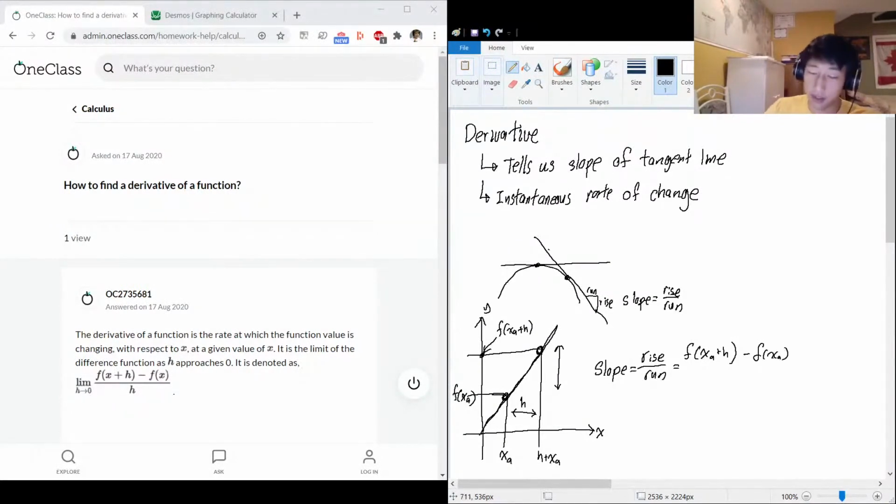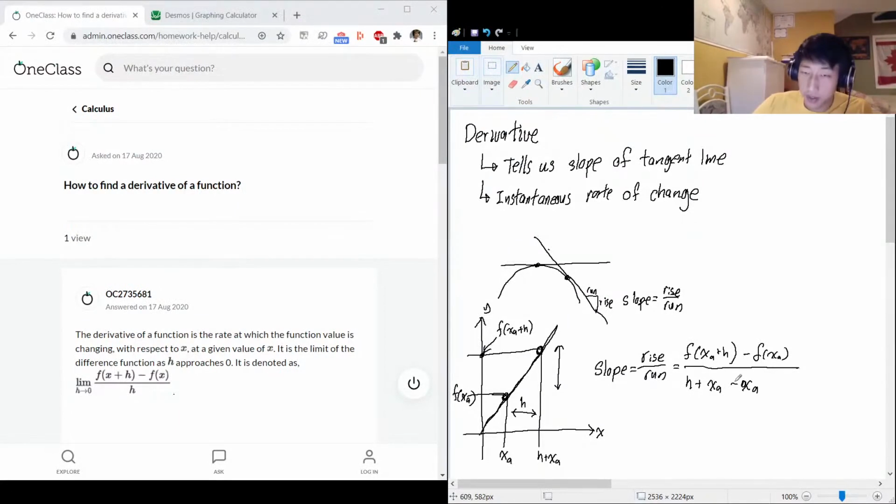I'm using x of a because I don't want that to be confused with the x-axis. You do see in here they just use x, but that doesn't really change much. On the bottom of this little fraction, we have its destination, where it ends up, minus where it came from. So we have h plus x of a minus where it started from, which is x of a.